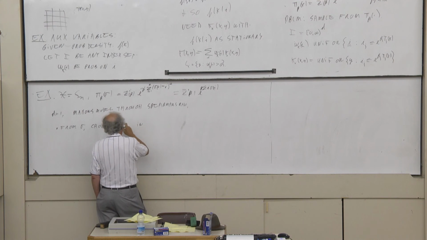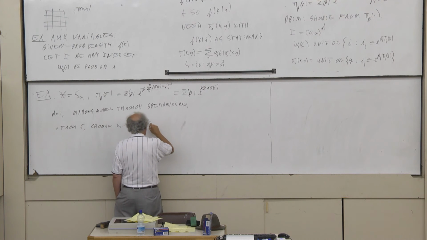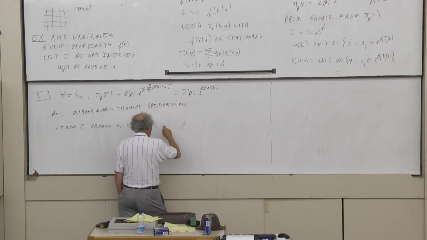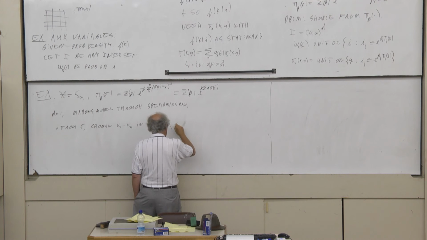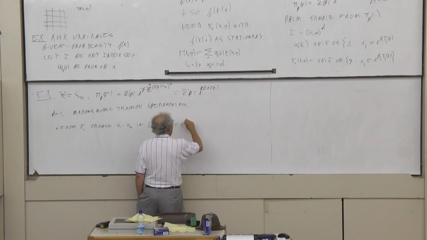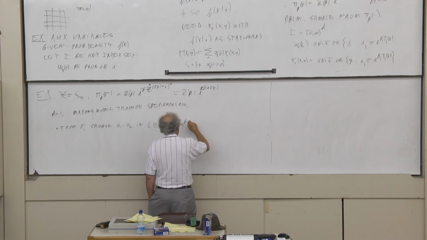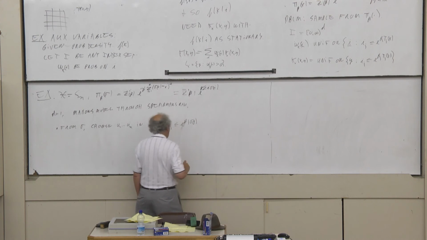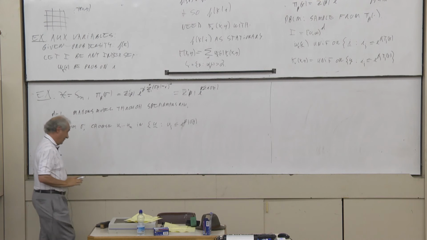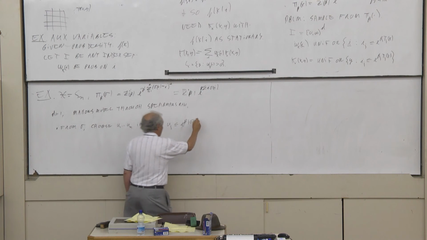Let me call these U_1 up to U_n in the set of all U such that U_j is less than or equal to e to the beta times j times sigma j. That is a finite set.